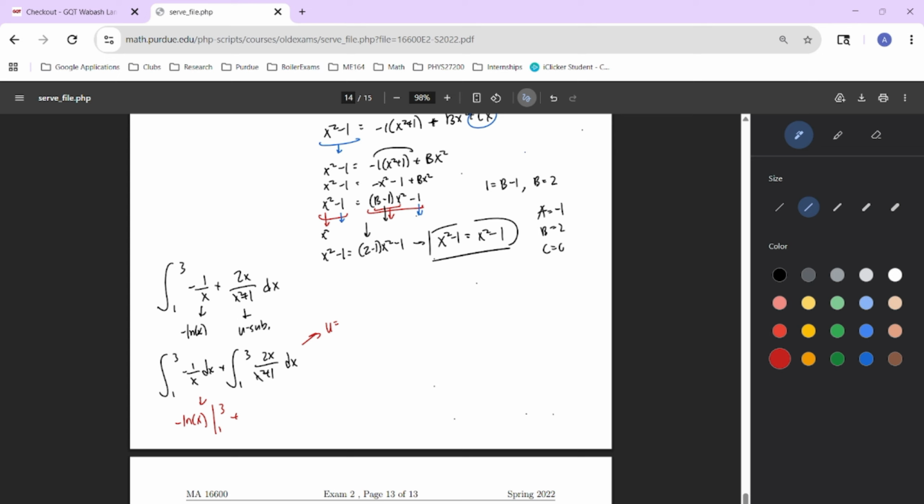U in this case would be equal to x squared plus 1. Du dx would be equal to 2x, and then from there you can flip everything around. Dx over du is equal to 1 over 2x, and then you can finally solve for what dx should be in terms of 2x and du. Dx is equal to du over 2x.